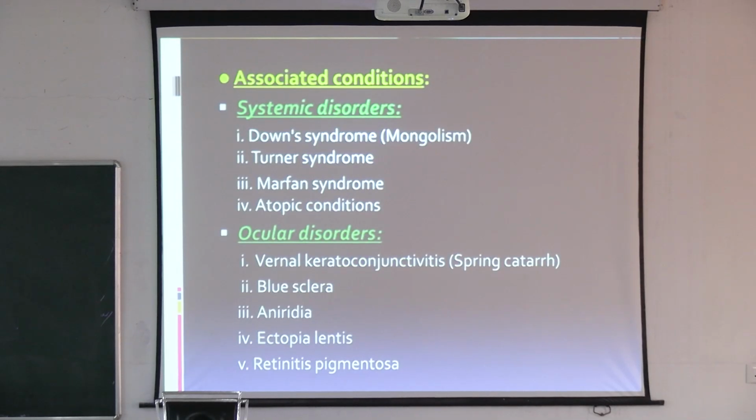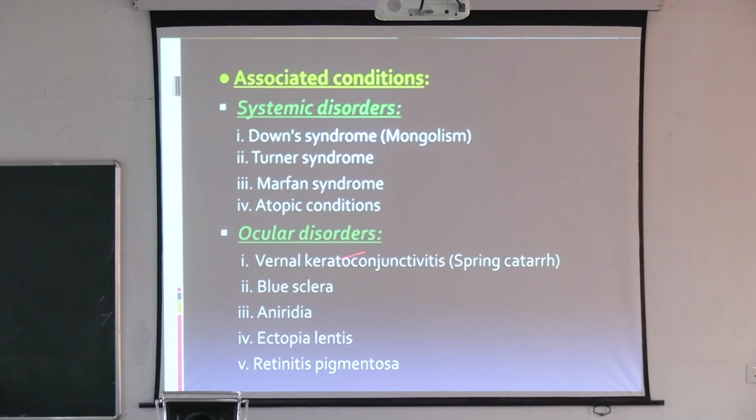Then associated conditions. Keratoconus is associated with systemic conditions and ocular disorders. It is associated with Down syndrome, that is called Mongolism, Turner syndrome, Marfan syndrome, and atopic conditions.